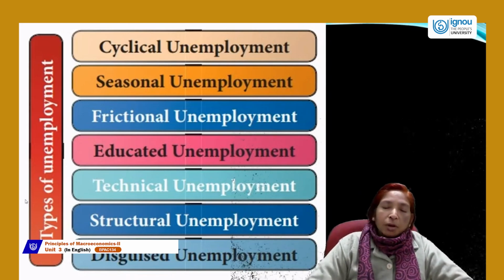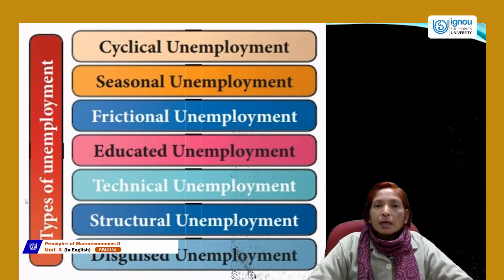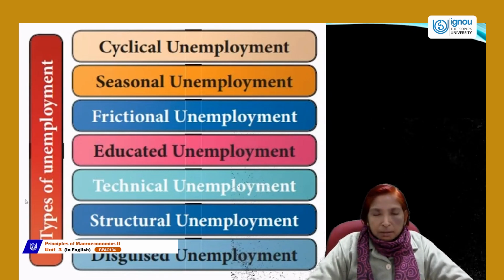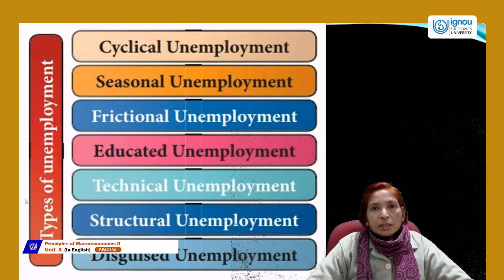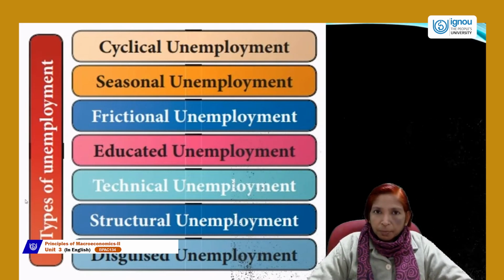And next, unemployment is seasonal unemployment. This seasonal unemployment is mainly found in rural areas. You know that agriculture production is a seasonal production. Agriculture production depends upon nature, and nature may be favorable or may not be.